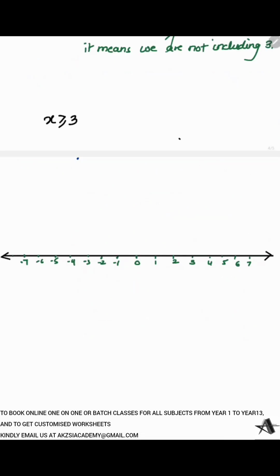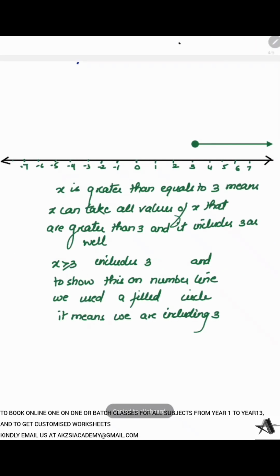We draw a circle here and then a straight line pointing towards the right, because it's greater than, continuing on. The only difference is that I'm going to fill this circle now. So it represents x is greater than or equal to 3, and here we have written the description of it.